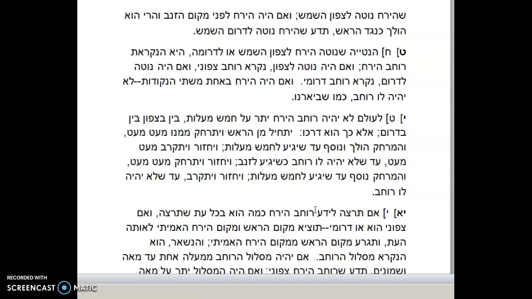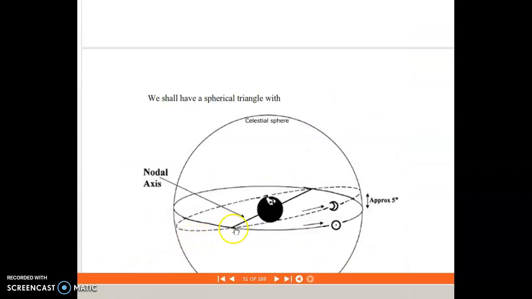Will it be 1, 2, 3, 3.5, 4, 4.5, or 5? And obviously, we know already if it's 90 degrees, it's 5. That's what we just finished saying. That if it's the highest point here, this is 90 degrees. 90 degrees from the Rosh, the Rochav is 5.